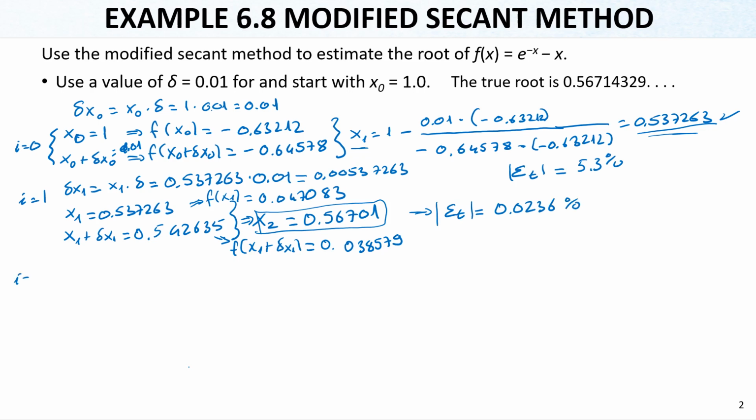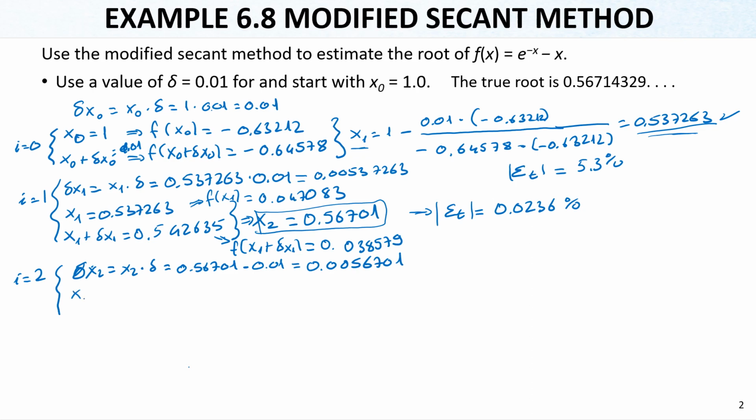Then let's go to i equals 2. Then again delta x2 is equivalent to x2 times delta, which makes x2, 0.56701, times delta 0.01, equivalent to 0.00567101.